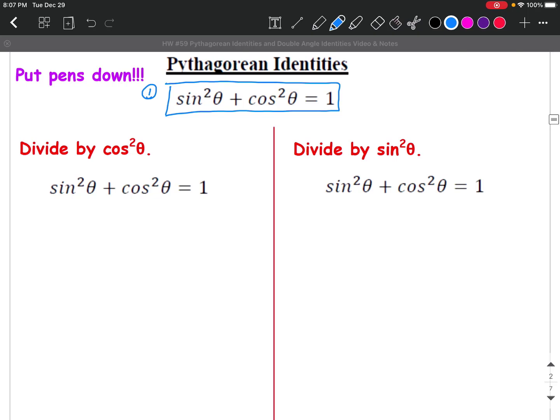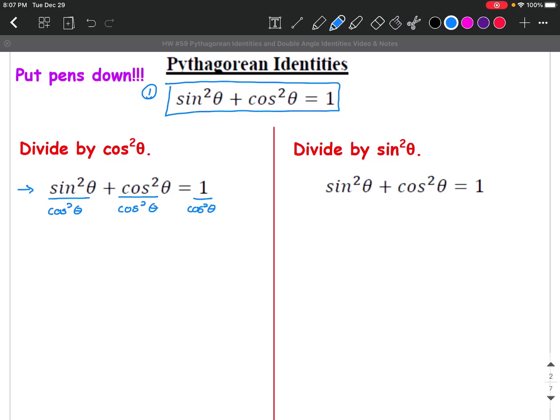Now, what I want to do is use that same formula, that same Pythagorean identity. I've written it right here. But what I'm going to do is divide each part by cosine squared theta. I can do anything I want to an equation as long as I do it to everything, right? So I'm going to divide everything by cosine squared theta, and the equation is still balanced.